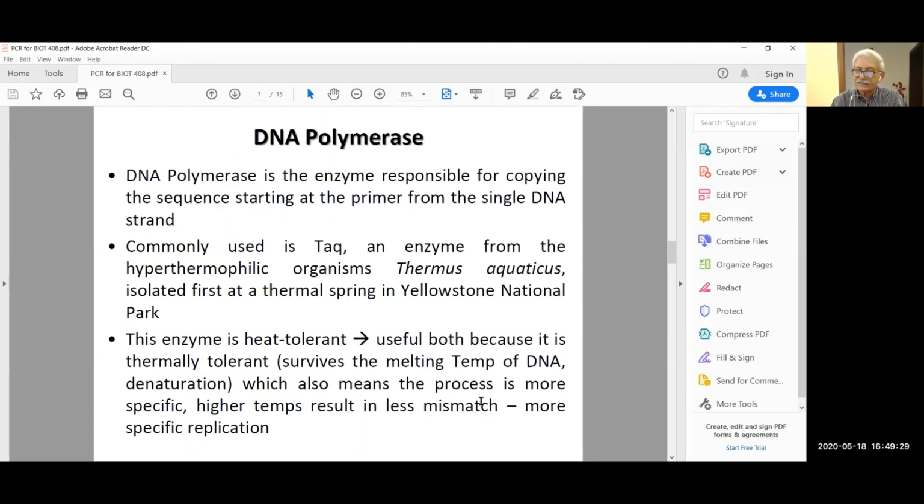Okay, so the next is Taq DNA polymerase. You have already learned about Taq polymerase. You have already learned about Pfu DNA polymerase and the DNA modifying enzymes. I don't need to elaborate that again. The only thing is that Taq polymerase is obtained from Thermus aquaticus, a hot spring organism.